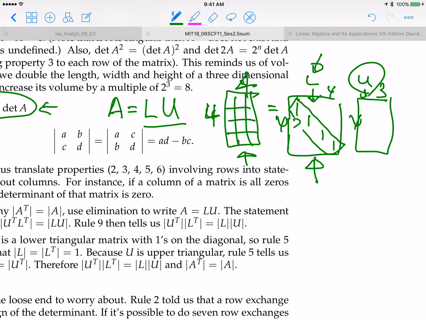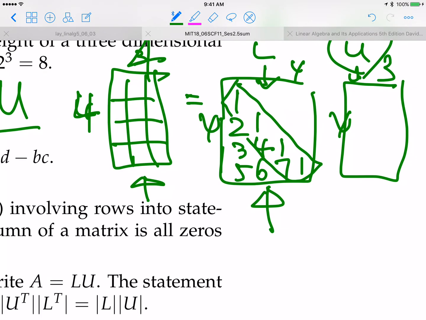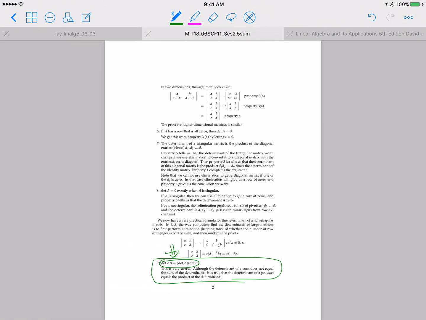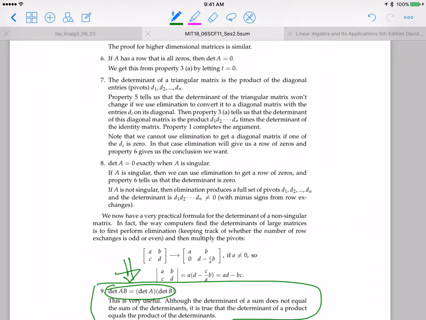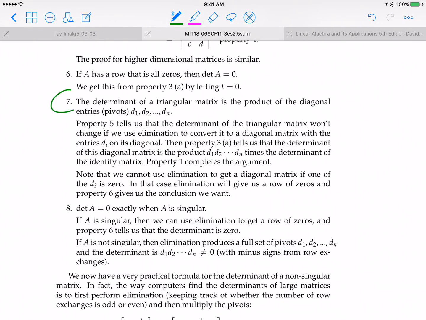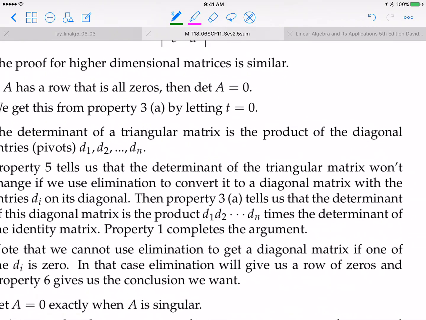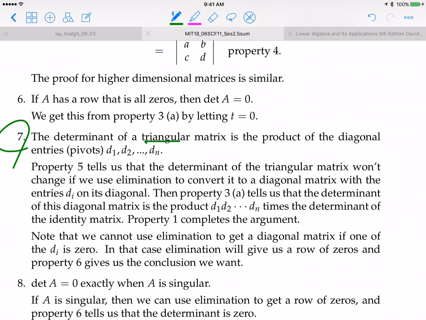Let's say we have this kind of matrix L. What is the determinant of this matrix L? It comes from this property: the determinant of a triangular matrix is the product along the diagonal, and the diagonal elements are all ones.